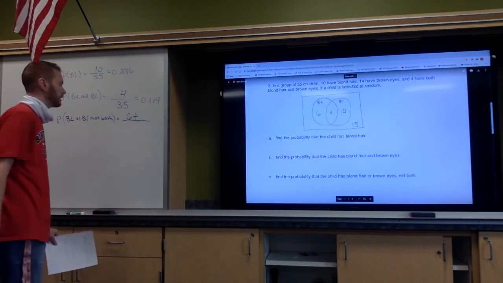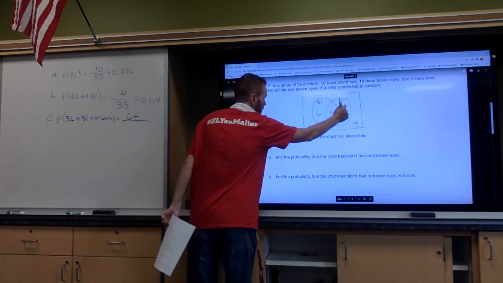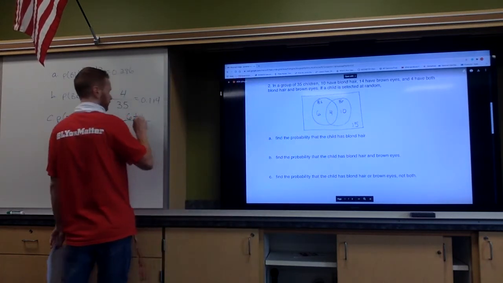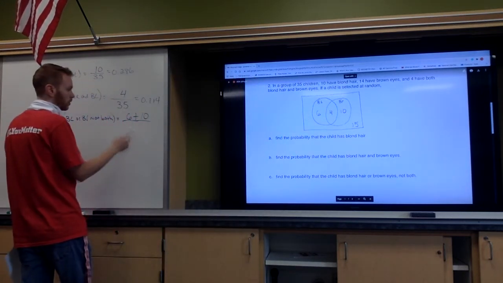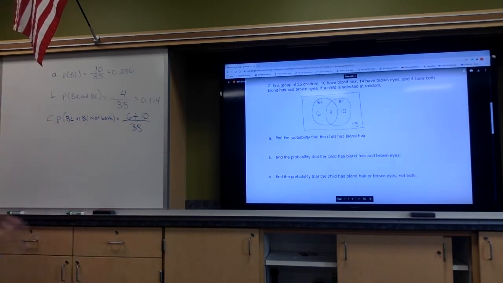But I'm not done yet. I also want brown eyes, just people with brown eyes. And that's going to be 10. And then out of a total of 35 in the sample space. Remember, that or means I'm going to be adding. Okay? I want more to choose from. There's more people I favor when I'm choosing out of this survey.